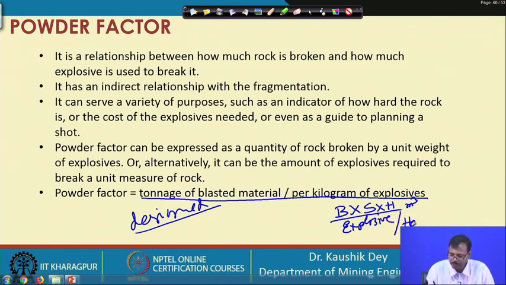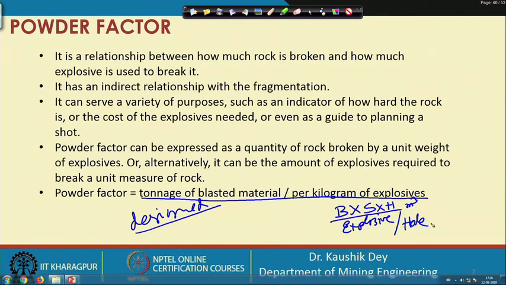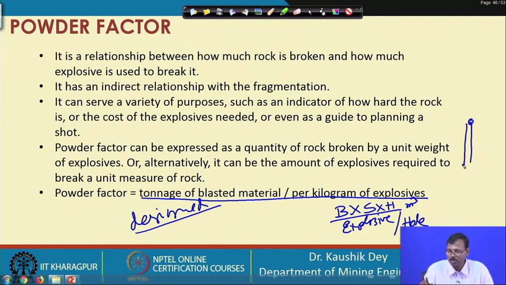in that particular hole. So, basically, if this is the hole and this is the burden, then up to this point explosives are placed.